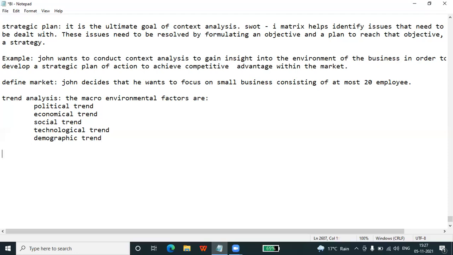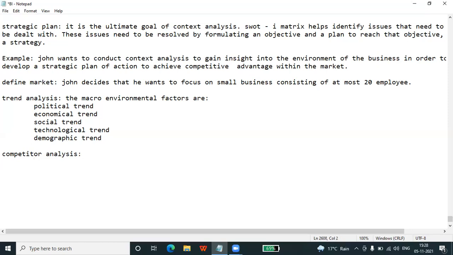Then we do competitive analysis. So after trend analysis, we have to do competitive analysis. John analyzes the competition on 4 levels to get insight into how they operate and where advantages lie.